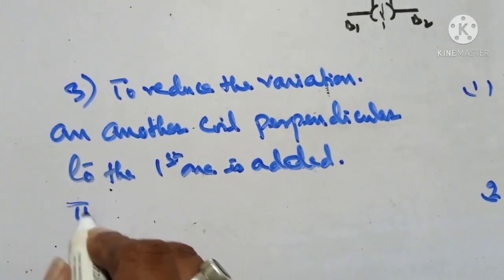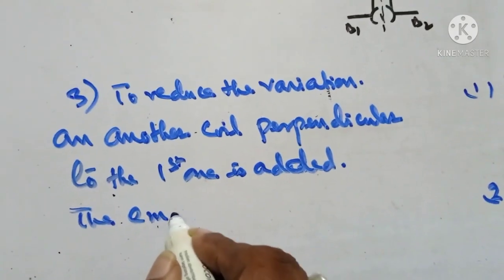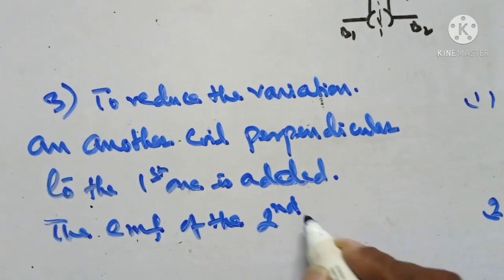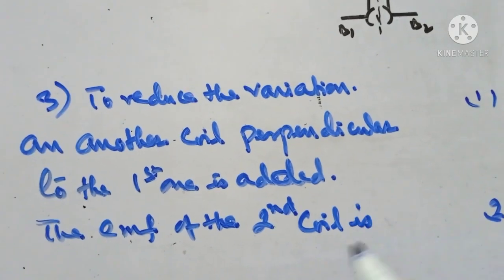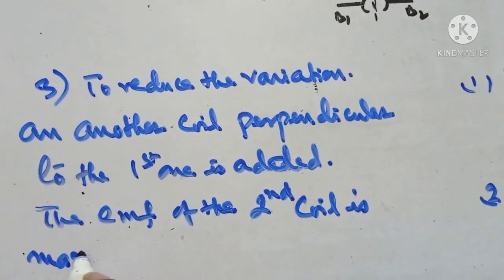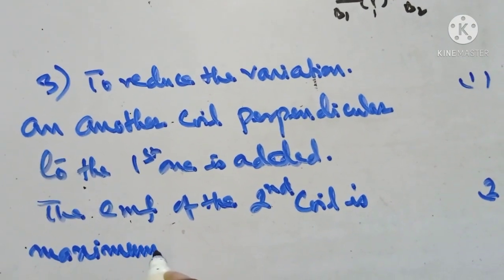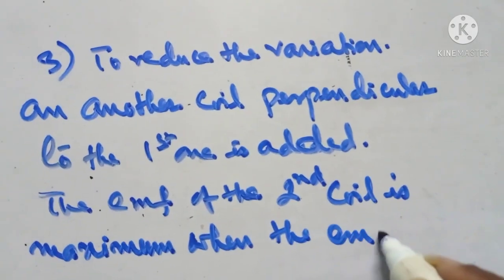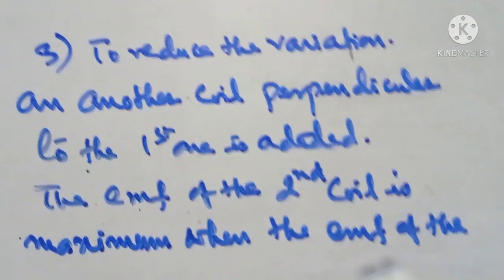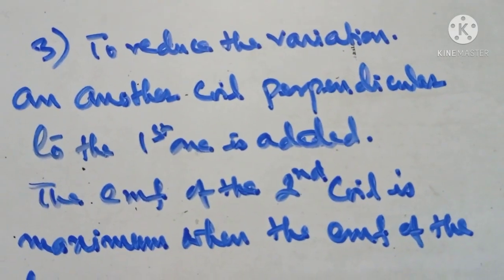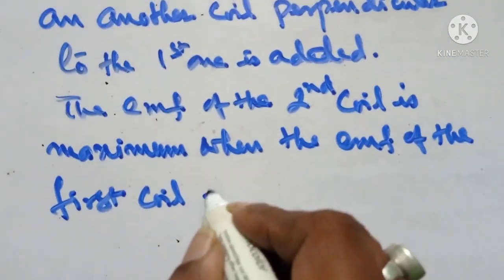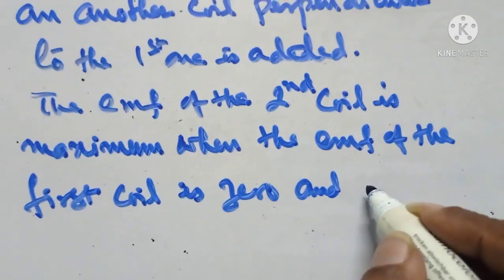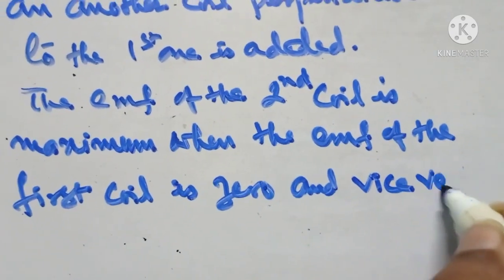So the EMF of the second coil is maximum when the EMF of the first coil is 0, and vice versa.